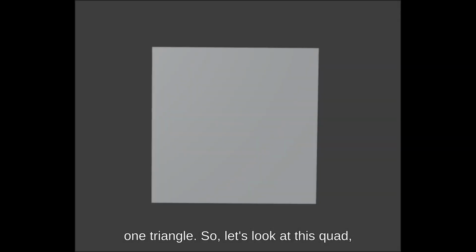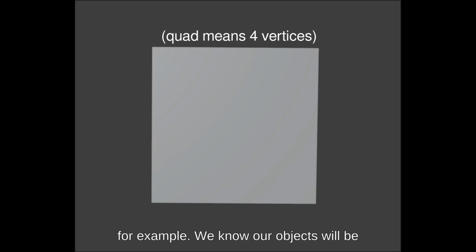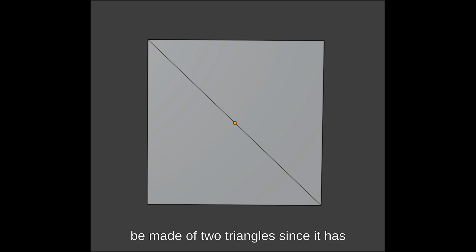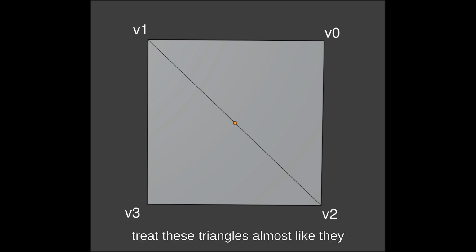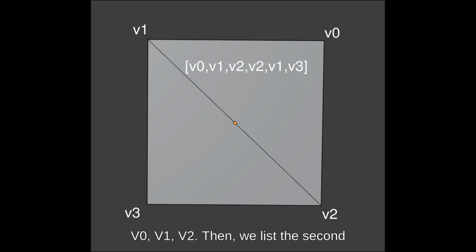So let's look at this quad, for example. We know our objects will be made out of triangles, so this square can be made of 2 triangles since it has these 4 unique corner vertices. Well, one way we could render this is to treat these triangles almost like they know nothing about each other. We could list our first triangle's components as V0, V1, V2.